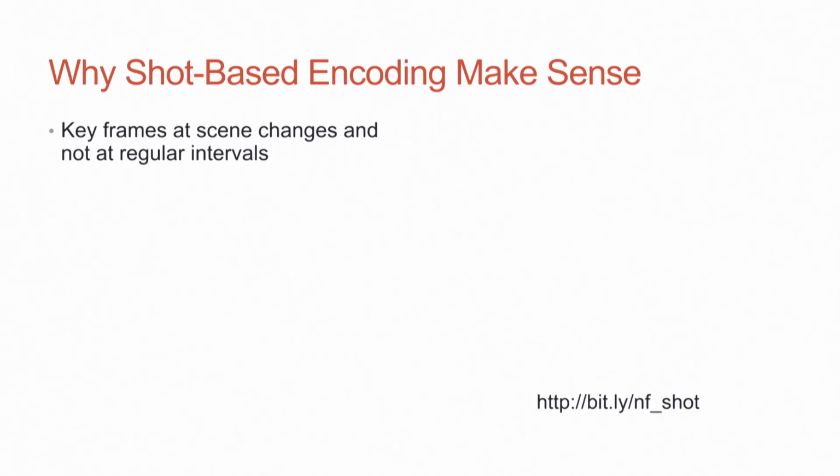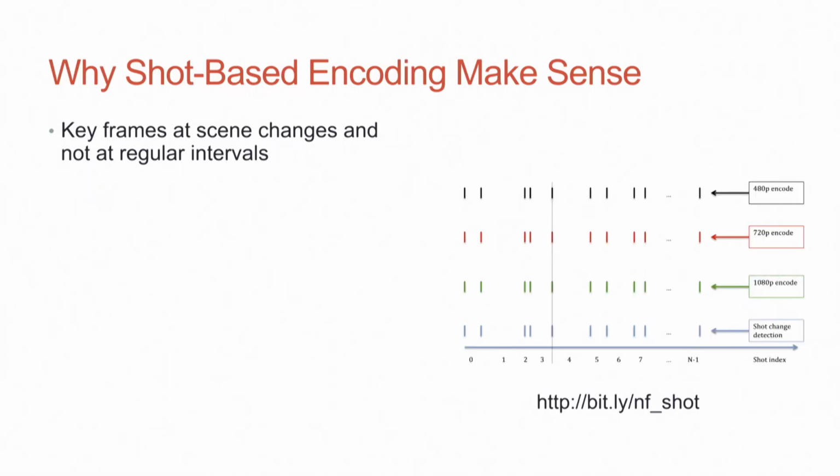You have keyframes at scene changes and not at regular intervals. And as long as you have the same keyframes in the different layers, you preserve switching. So there's no ABR problem. You can just switch from rung to rung using the keyframes in the file, because even though they are irregular, they're consistent within the variant streams.